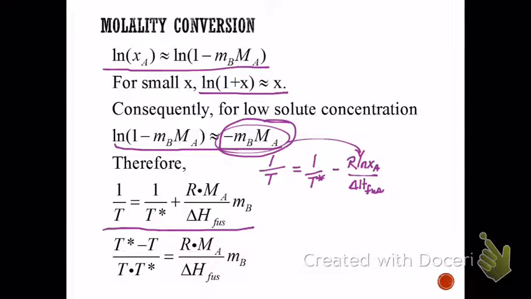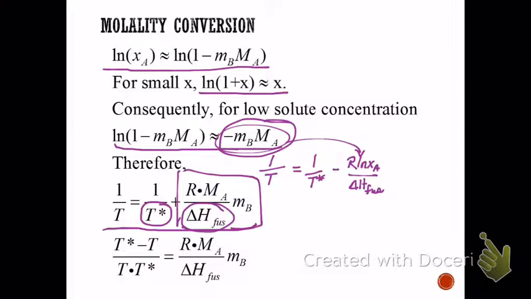this equation here that relates the melting point of the solution to the melting point of the pure solvent, along with this term here, which has the molality of the solute, and then the molar mass of the solvent and the enthalpy of fusion of the solvent.